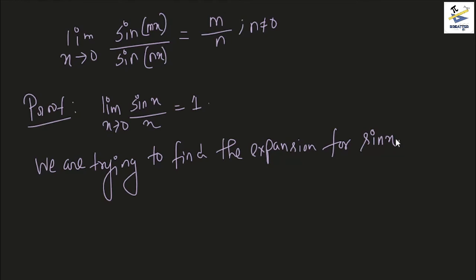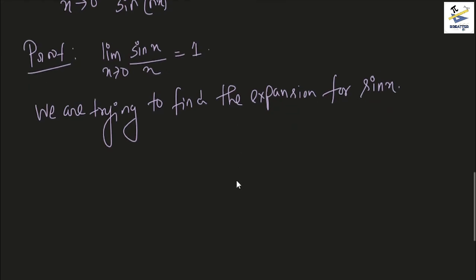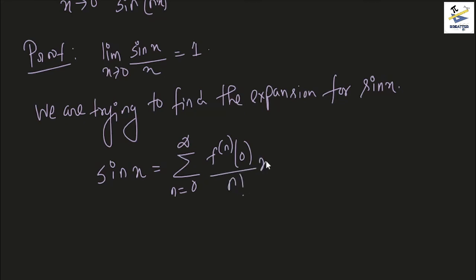Right. So we're trying to find the expansion for sin x, and to do that we again need to consider our Maclaurin series, which is like sin x should be equal to the sum n equals 0 to infinity of f^n(0) by n factorial into x to the power n.